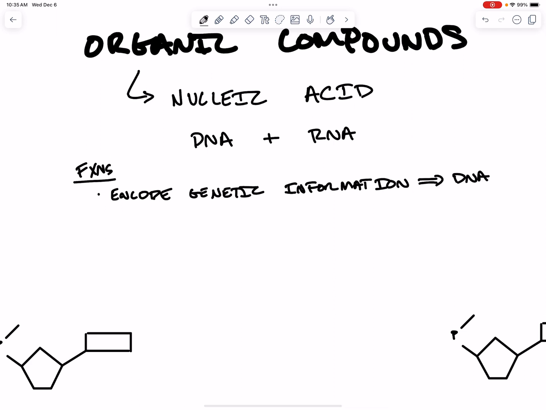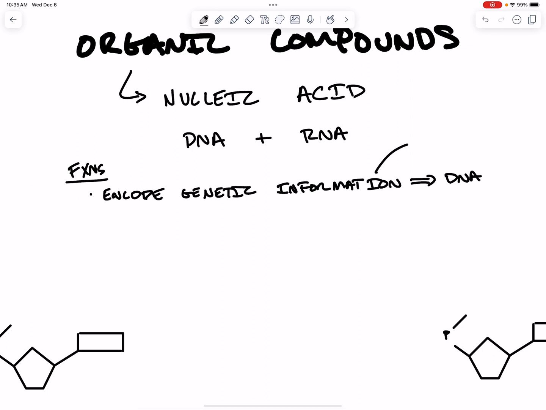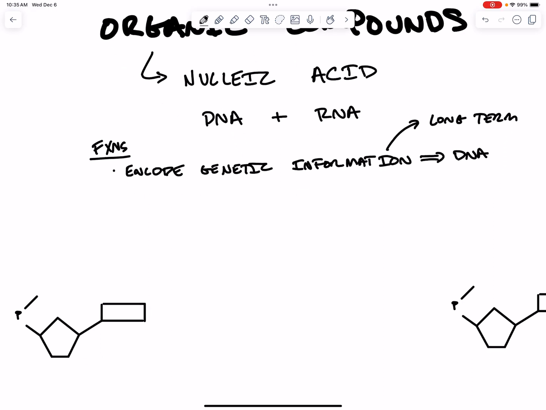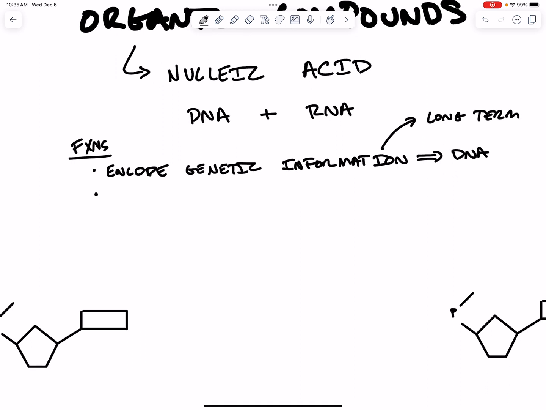And this is over the long term, as a DNA molecule is like a long-term storage molecule. It will exist for a long, long time, whereas RNA is a little bit more ephemeral. It's built and then broken down, built and then broken down. So RNA is short-term information storage.